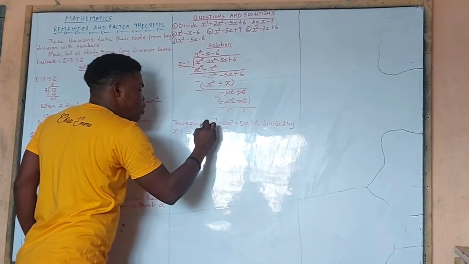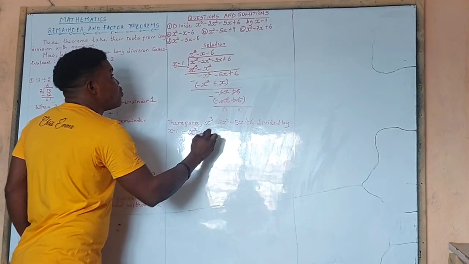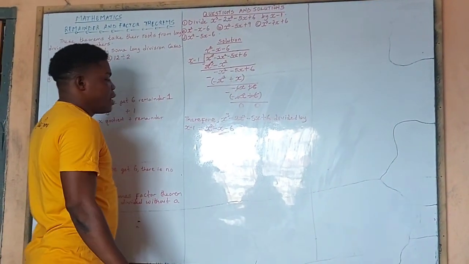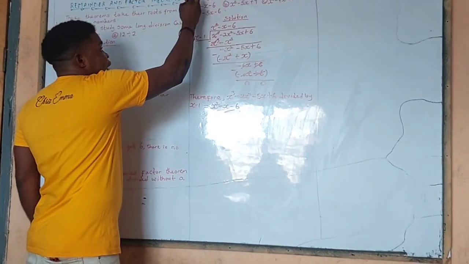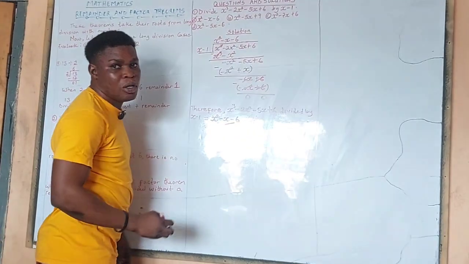What you have on top is your answer: x squared minus x minus 6. So this is going to be our final answer. Now look at the options. I guess we have option A as our answer. So that shows A is the correct option here.